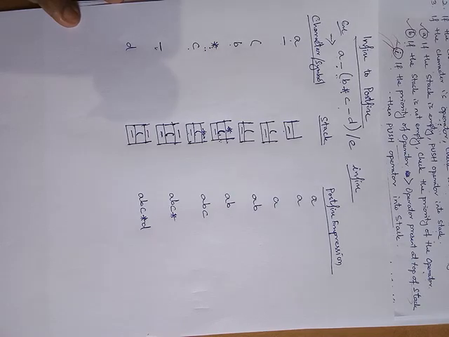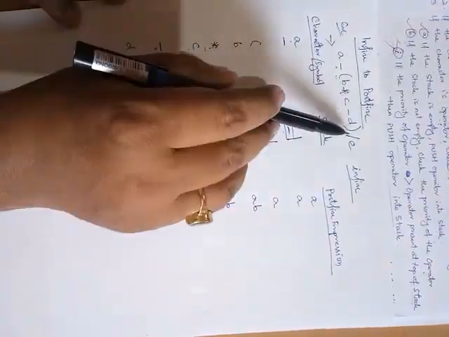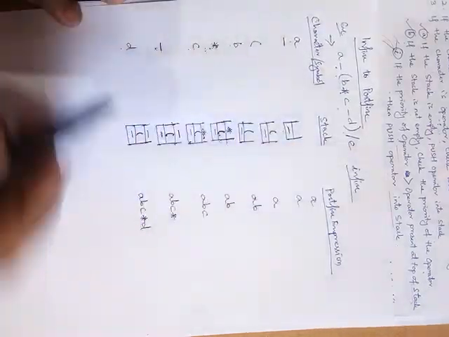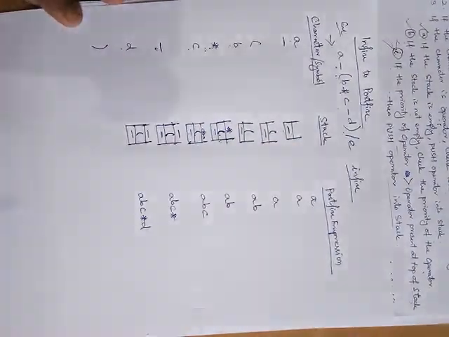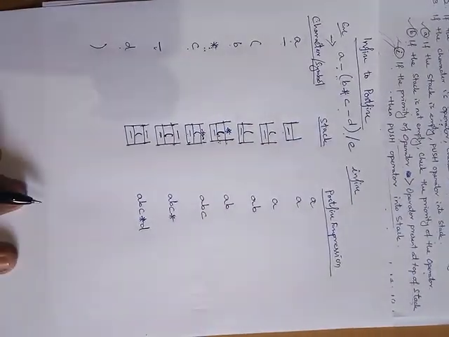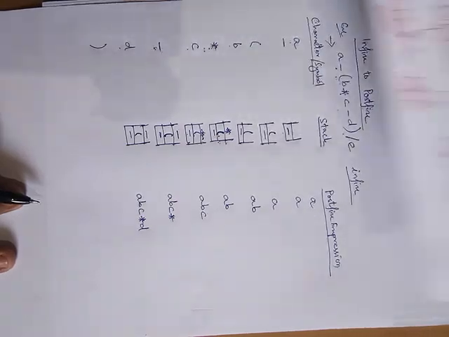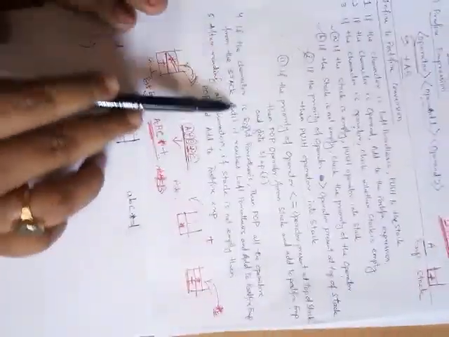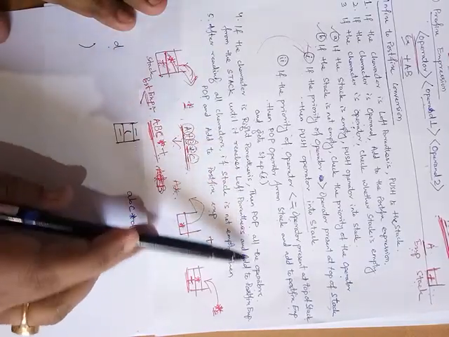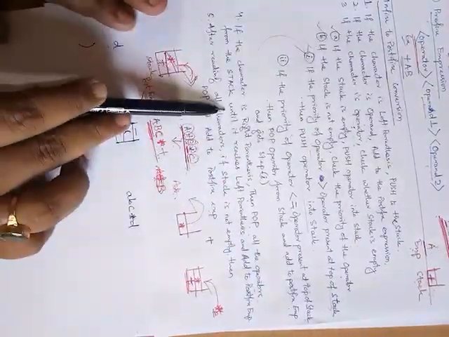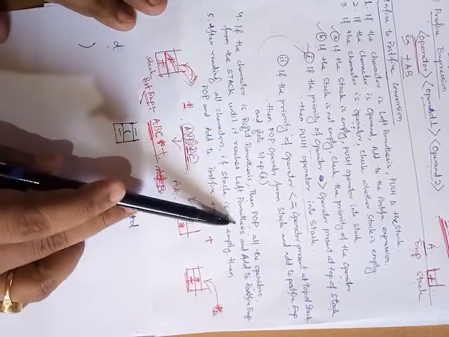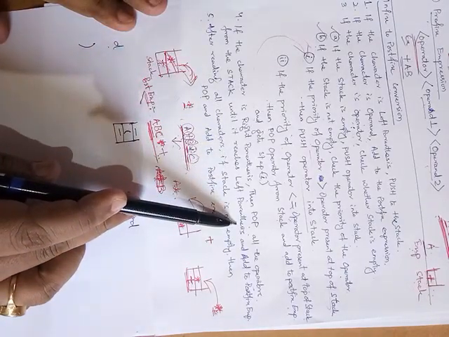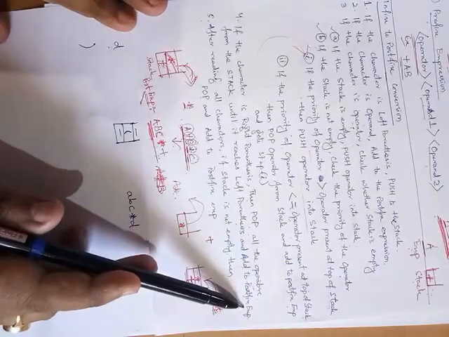After D, the next character is right parenthesis. Our condition is, if the character is right parenthesis, then pop all the operators from the stack until it reaches the left parenthesis and add them to the postfix expression.